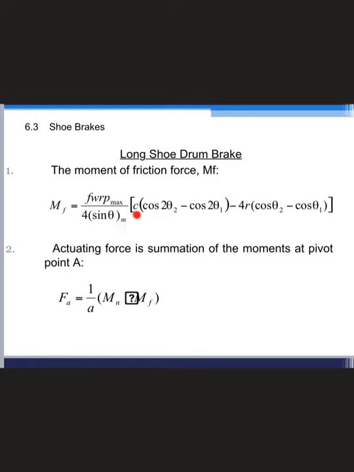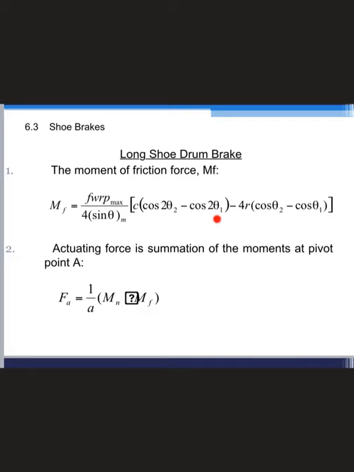C from the figure is the distance between the fulcrum point and the center of the drum, and then we have theta 2. From the previous figure, we know that theta 2 is the angle between line AO, from the fulcrum point to the center of the drum, and the line where the last point of contact between the long shoe and the drum is.